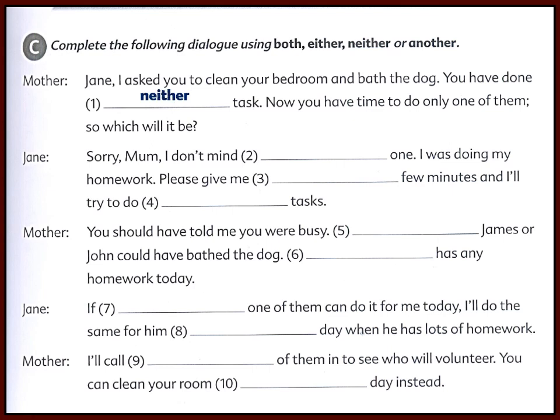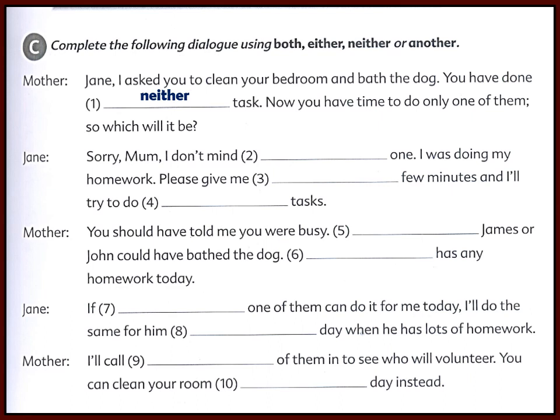Jane did not do the first task to clean the bedroom and did not do the second task of bathing the dog. That's why mother said you have done neither, right? You didn't do any task, in other words, you can say. So now you don't have enough time, that's why you must choose one of them.